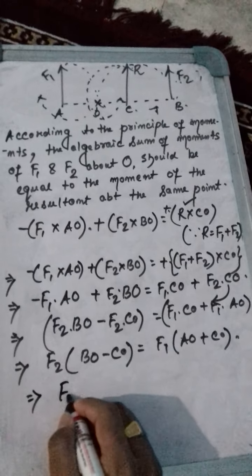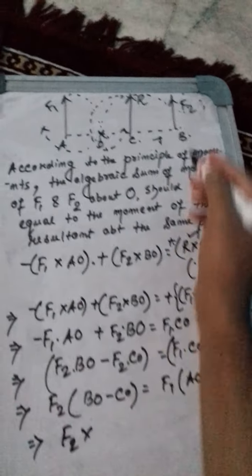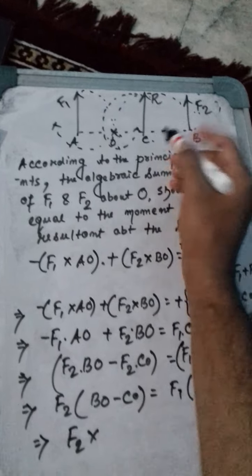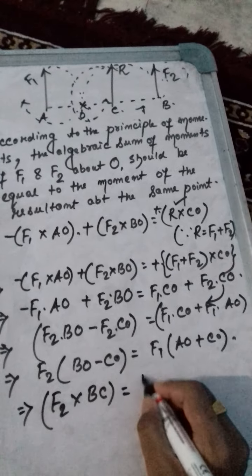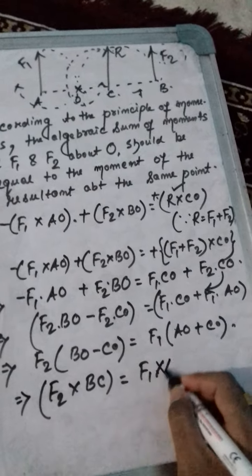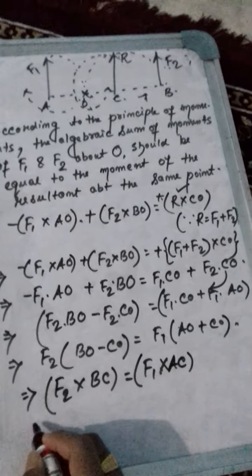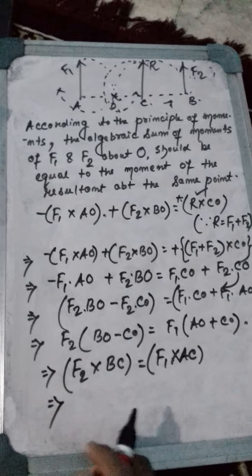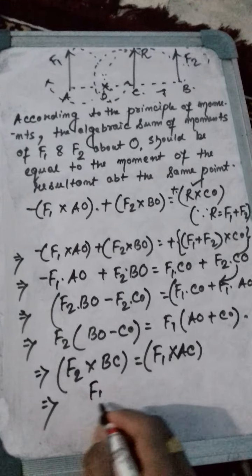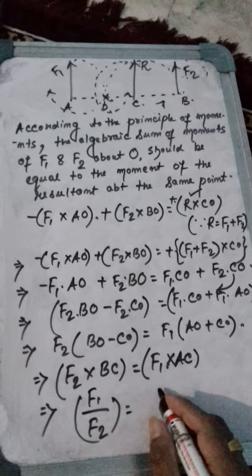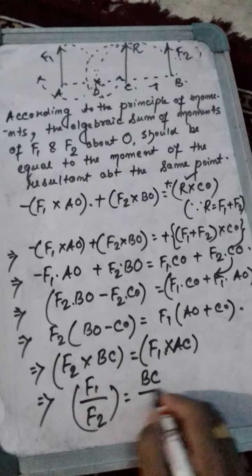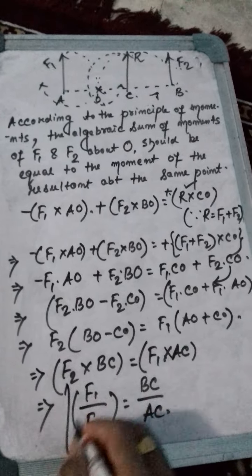So F2 into BC equals F1 into AC, that is, F2 times BC equals F1 times AC.